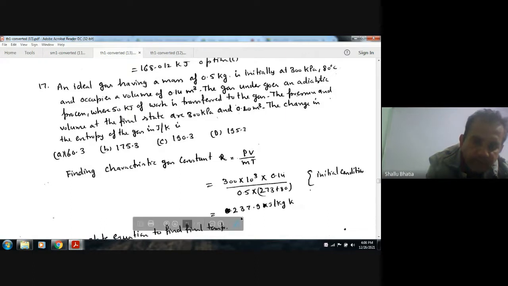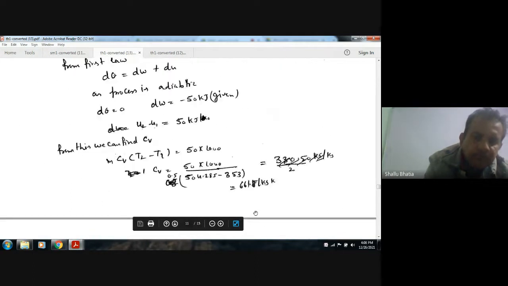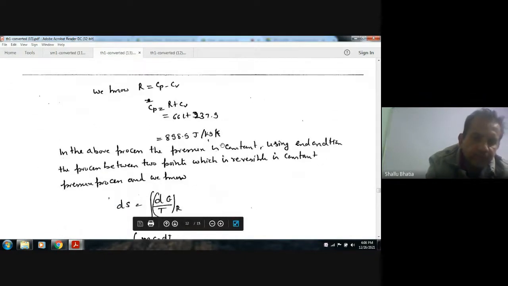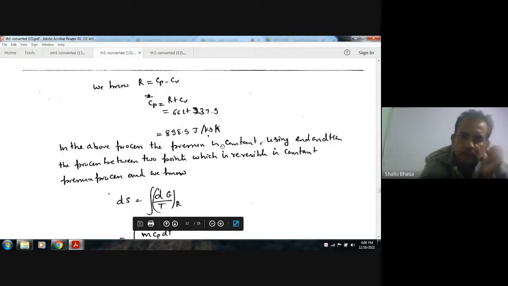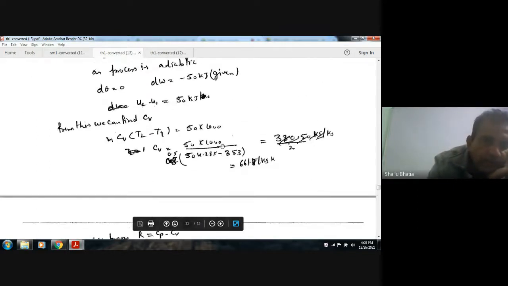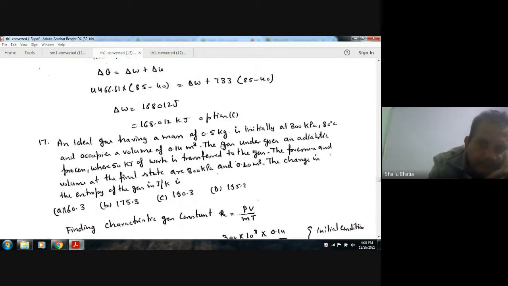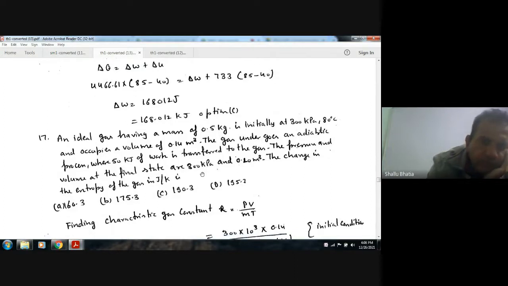R we have calculated, that is R 237.9. Now we can calculate Cp. Okay, so this is Cp. Now as we can see, the pressure here is 300 kPa and the pressure here is 300 kPa, so it is also a constant pressure process.